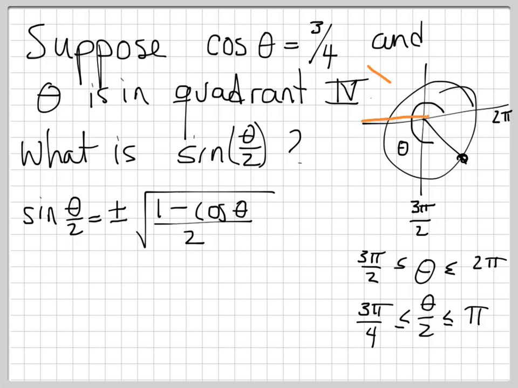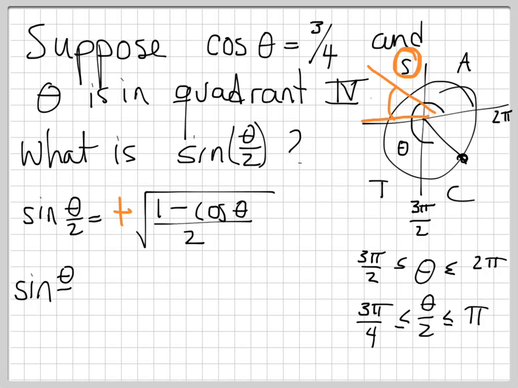That means it's between these two angles. And here, by ASTC, sine is positive. Since sine is positive, we're only going to keep the positive root. And so we can go ahead and do this.